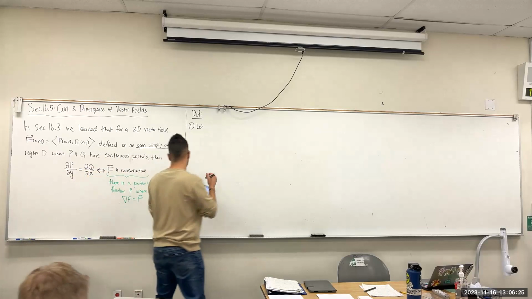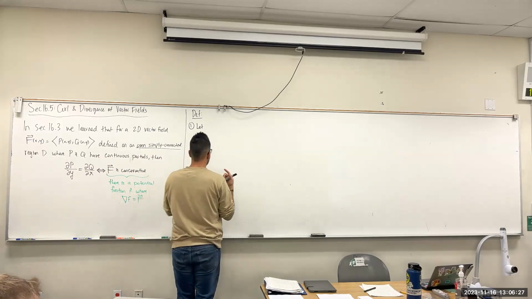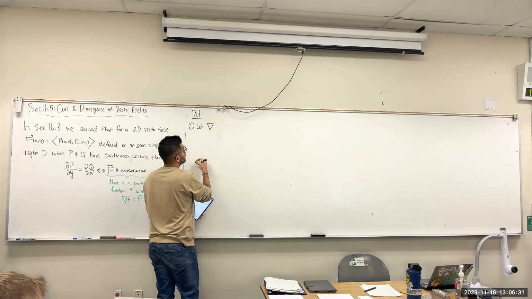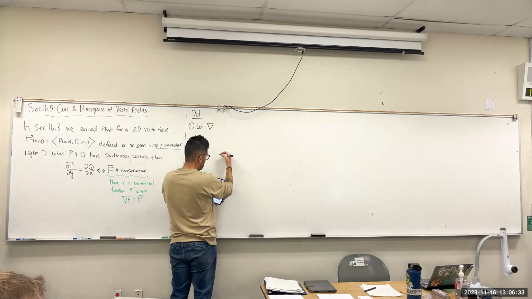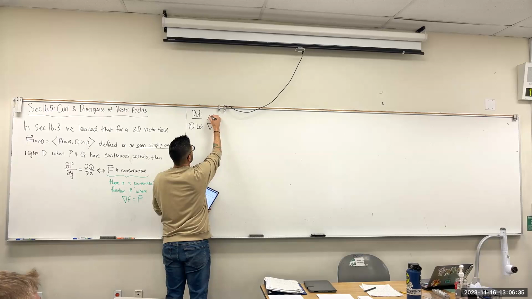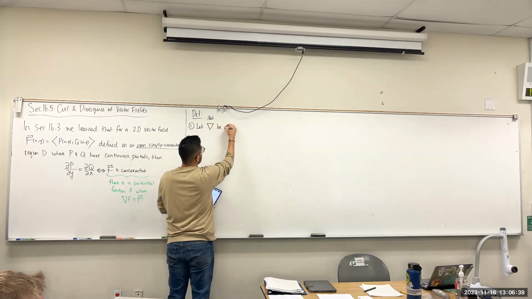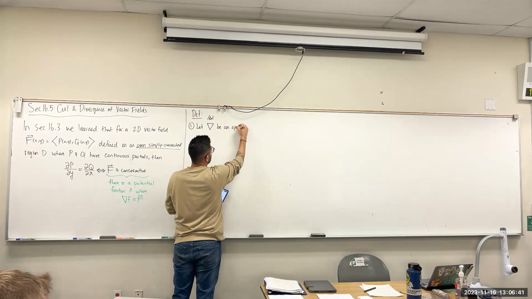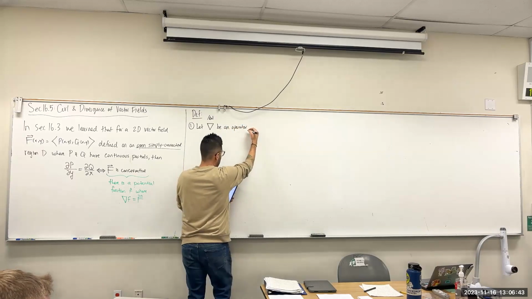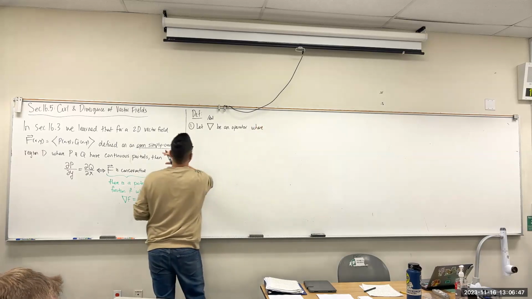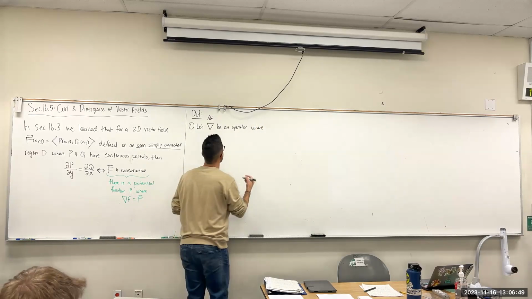So we're going to define this symbol, but now we're going to define it as an operator. We're going to say let del, I believe this guy here is called del, be an operator where for this section it's going to be three-dimensional.